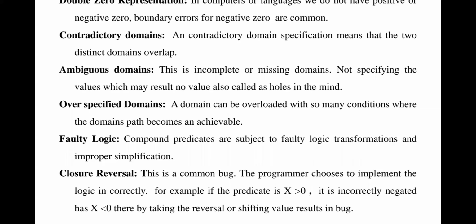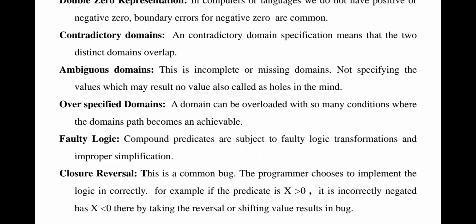These AND/OR predicates can also be applied to that particular domain. But if we are taking so many overloaded conditions, then the domain path cannot be achieved. The domain cannot understand which path has to be executed, so the path becomes unachievable. That is called an over specified domain, where we are specifying overly.